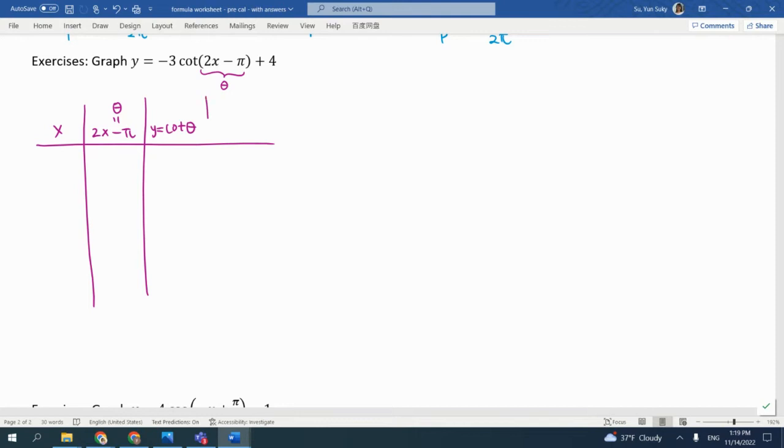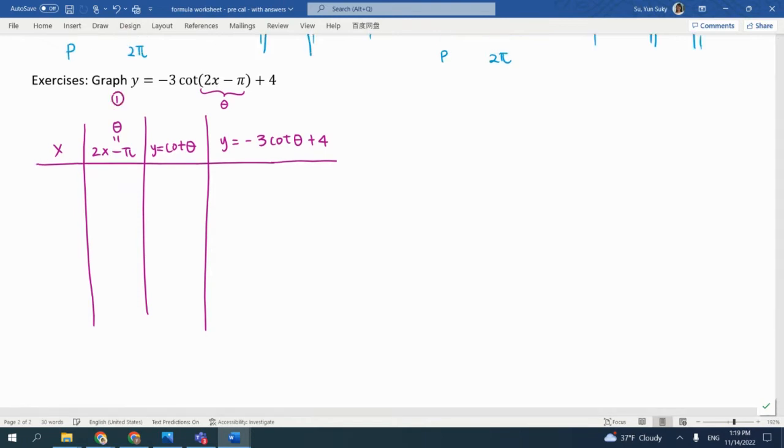Okay. Last one. What's my y? My y, you see, is -3 cotangent theta plus 4. So you draw a table, 4 columns. Okay? So what do we do first?